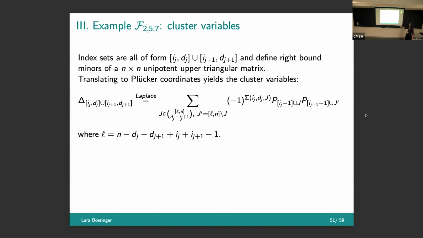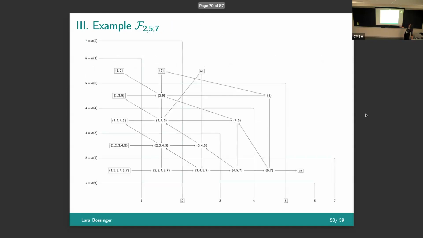We have one extra bonus nice ingredient here, and that's the observation that all the index sets that appear here are unions of 2 intervals. 1 interval or unions of 2, there's no more complex index sets appearing. So here, for example, 2, 4, 5, we have the interval that just contains 2 and the one that contains 4, 5.